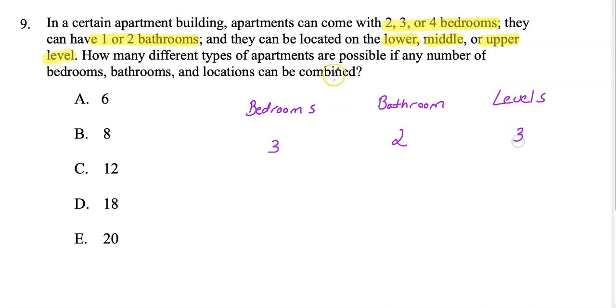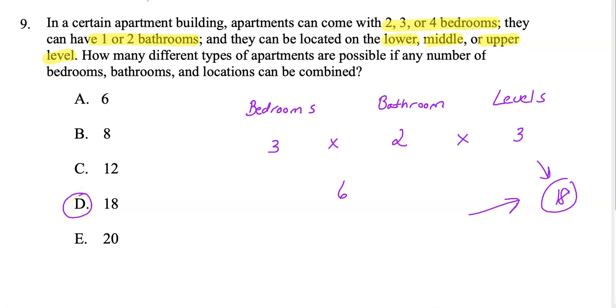And then you just multiply these. Usually when I see that word combination, I think multiplication, not always. And let's just multiply it out. So 3 times 2 is 6. And then 6 times 3 is 18. And that's my answer right there. So 3 times 2 is 6 times 3 is 18. And that matches up with D.